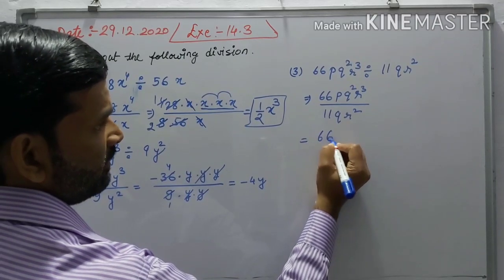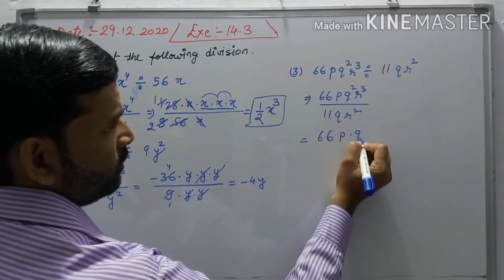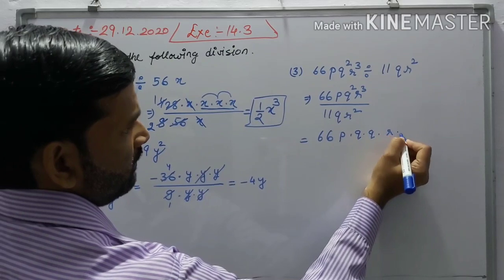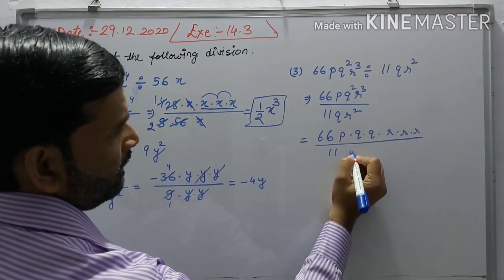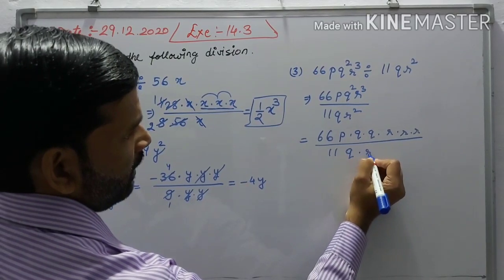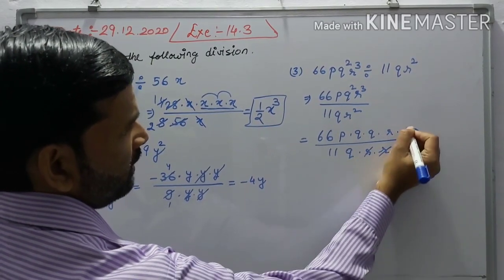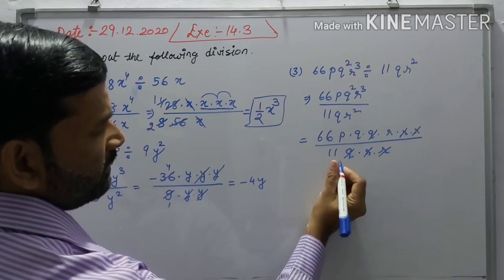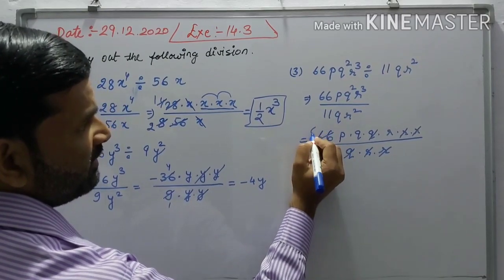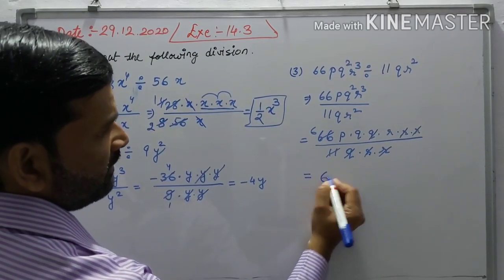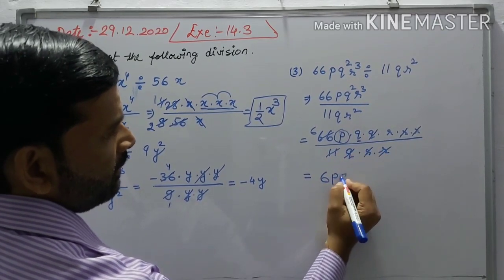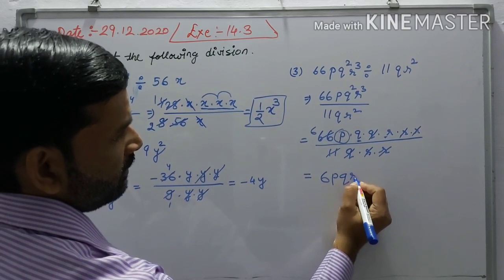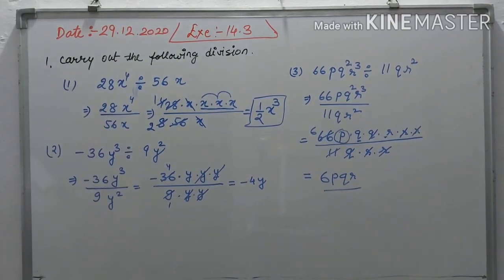Here p is 1 time, q 2 times and r 3 times, while q and r in the denominator are 2 times. The 2 r's and q cancel. Then 11 1s are 11, 11 6s are 66. So only 6 remains with p, q and r. So the answer is 6pqr.